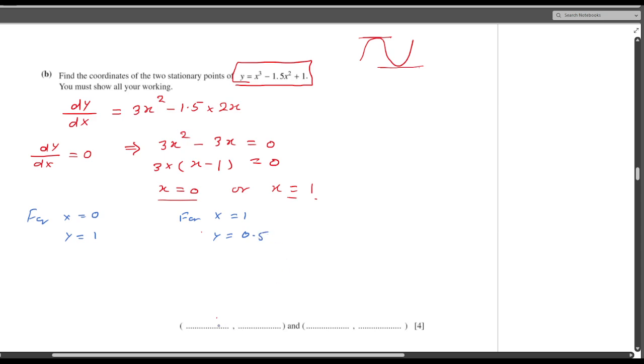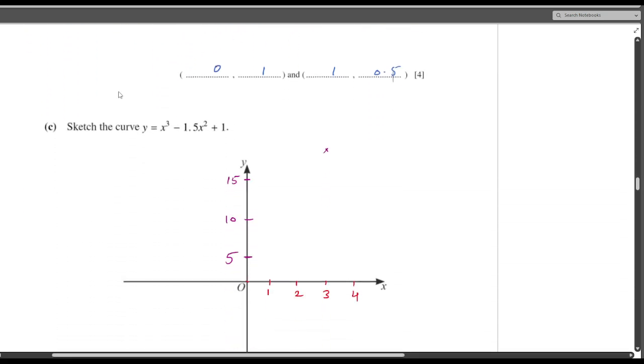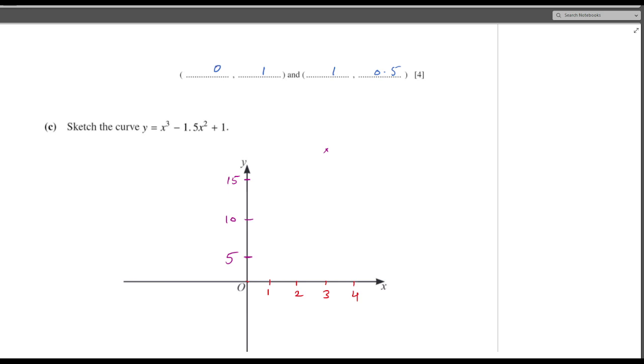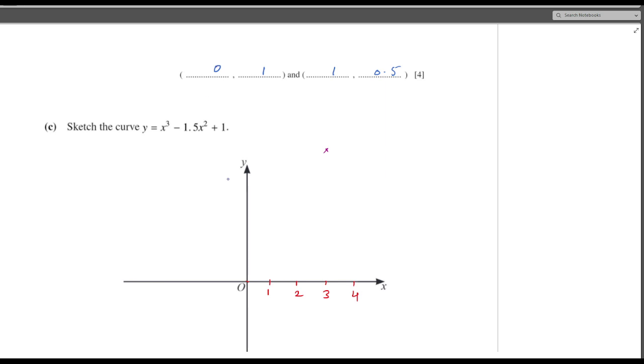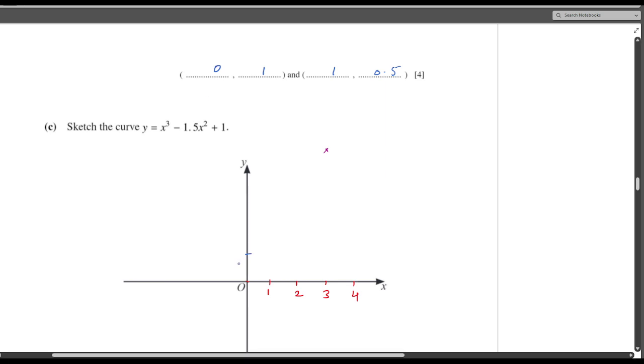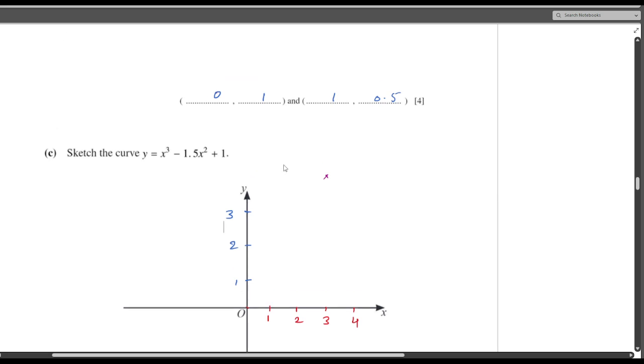So 0, 1 and 1, 0.5. That means 1, 2, 3 is perfect, not a problem, because y values are 1 and 0.5. So if I consider 1, 2, 3, absolutely fine, no worry.